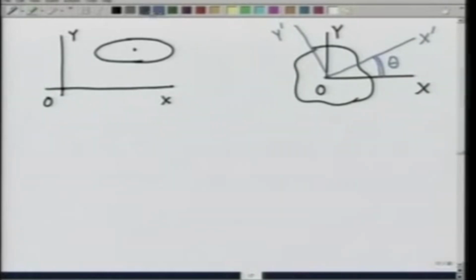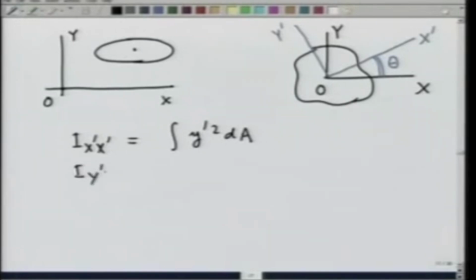So, if I were to calculate I x prime in the rotated set, this is going to be equal to integral y prime square dA.